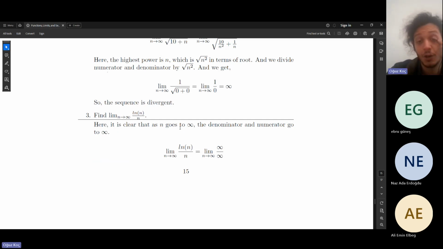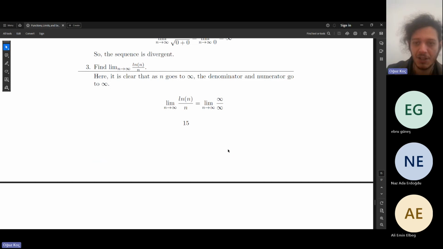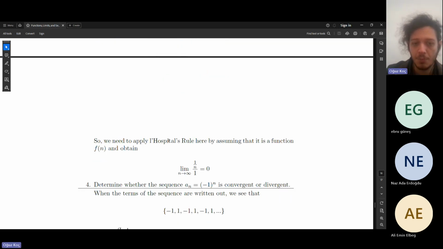Here it's clear that as n goes to infinity, the denominator and numerator go to infinity, because the natural logarithm goes to infinity as n goes to infinity, and n also goes to infinity here, and then we have the ratio of infinity over infinity. This is an indeterminate situation. For such a situation, we can use L'Hopital's rule here by assuming that it's a function of n.